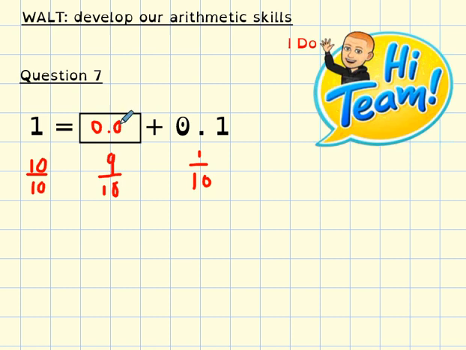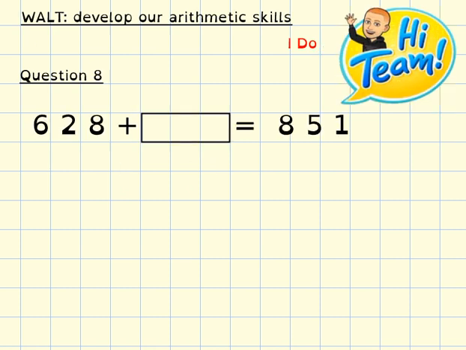Question number 8. 628 add something gets me to 851. So I know what my answer is, I know what one of my parts is, but I'm looking for the difference between. So I'm going to, in my head almost, if you can, picture a number line. 628 at one side, 851 at the other.